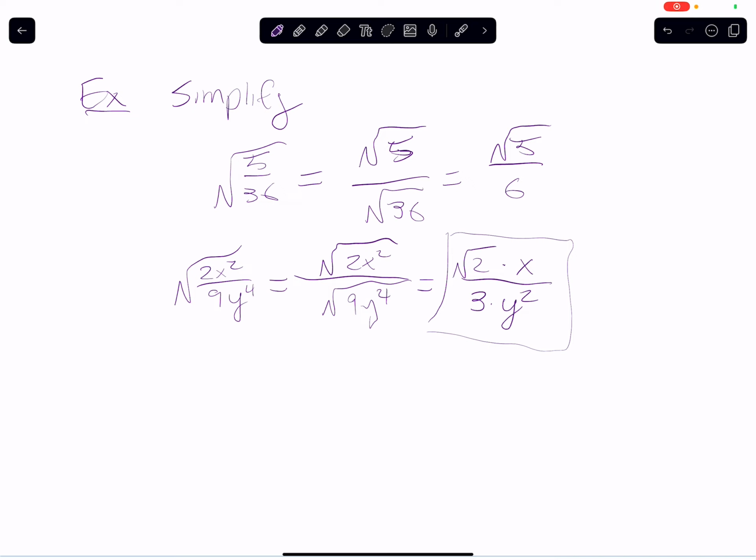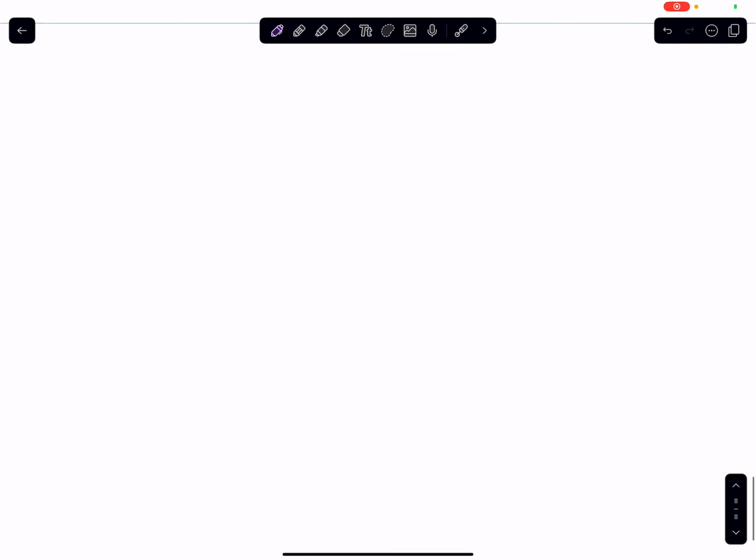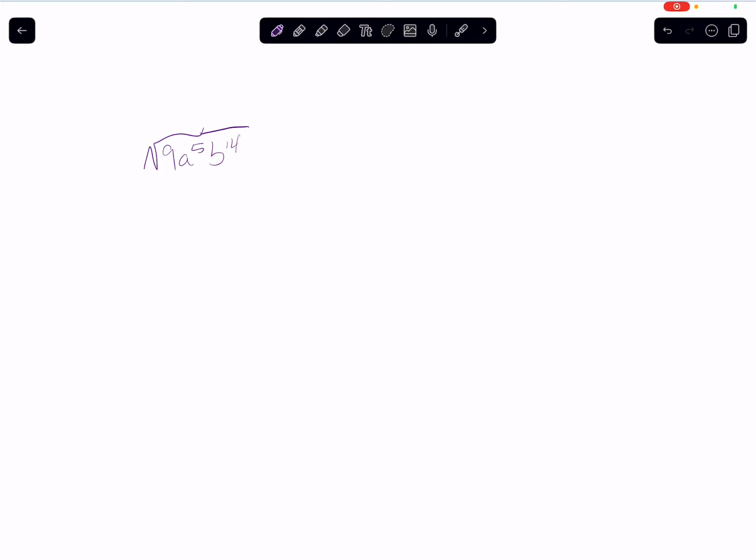So what if we want to go the other direction? What if we start with two square roots and we want to combine those into a single square root to simplify? So let's take an example. What if we start with the square root of 9a to the 5th b to the 14th power divided by the square root of 3a to the 4th b to the 5th power?